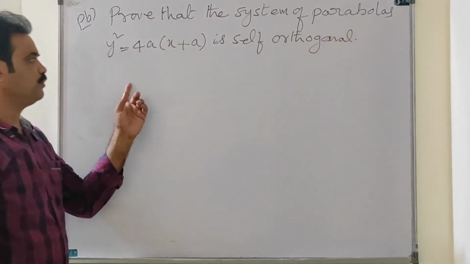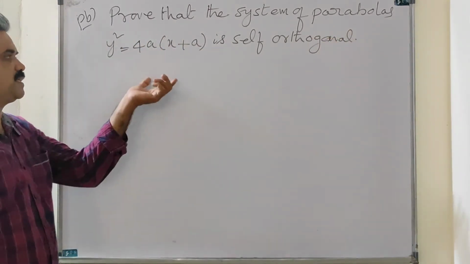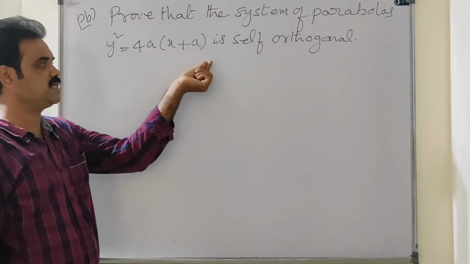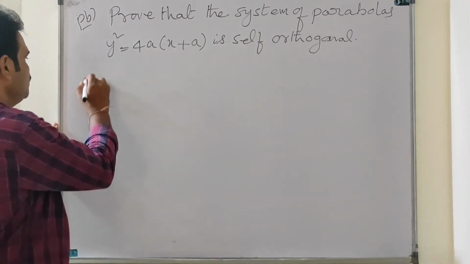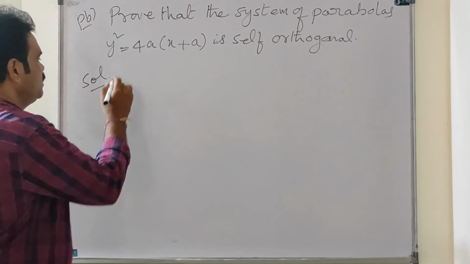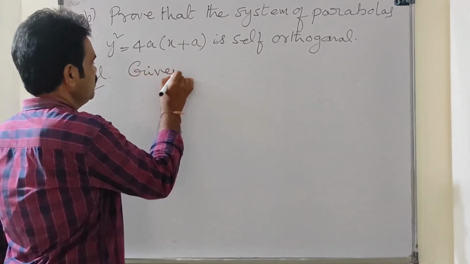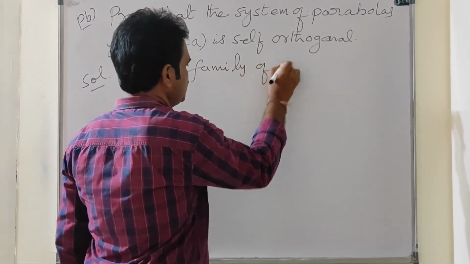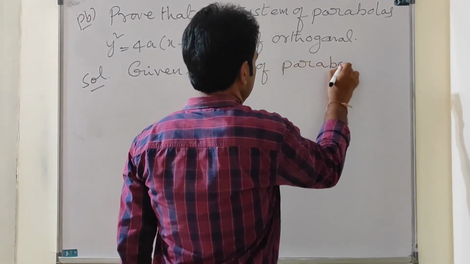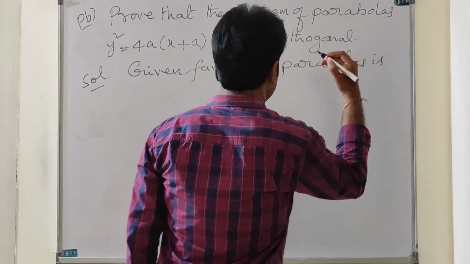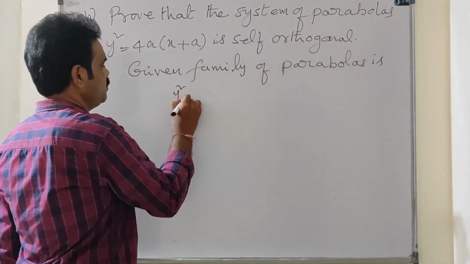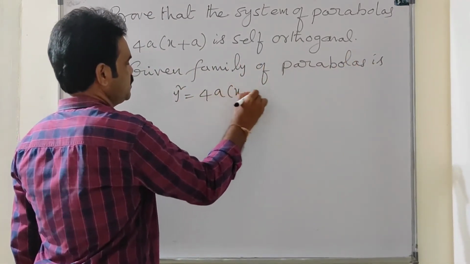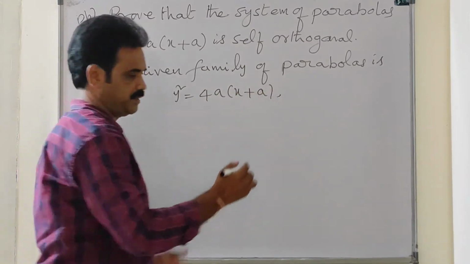Y square equal to 4a into x plus a, this is the system of parabolas. Let us show that this is self-orthogonal. See the solution. The given system of parabolas is y square equal to 4a into x plus a. Here a is the parameter.